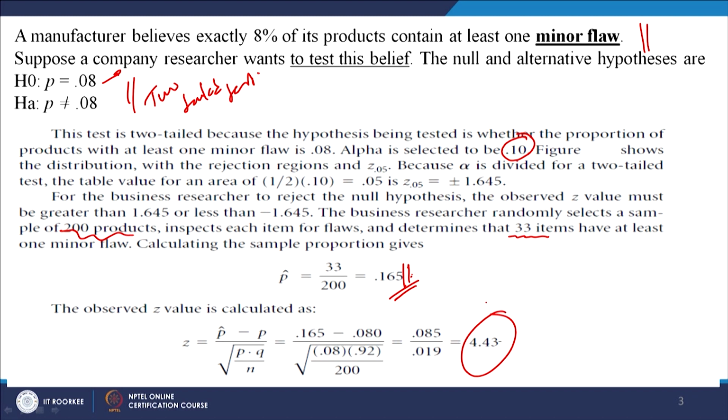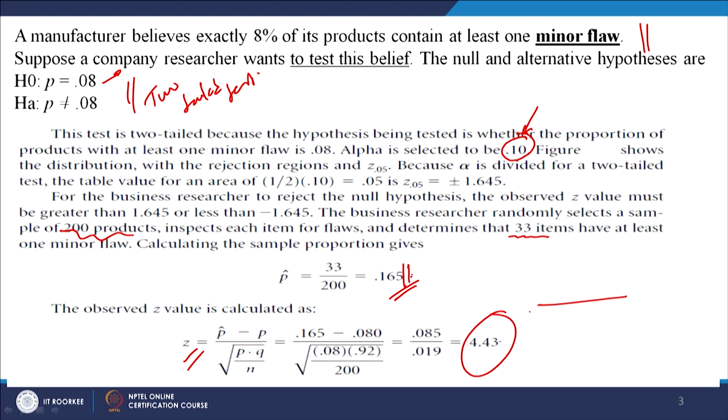Now, the significance level is not 95%, it is 90%. So, the value of z is plus or minus 1.64. If you want to reject the null hypothesis, then the z value should be more than 1.64 or less than minus 1.64.